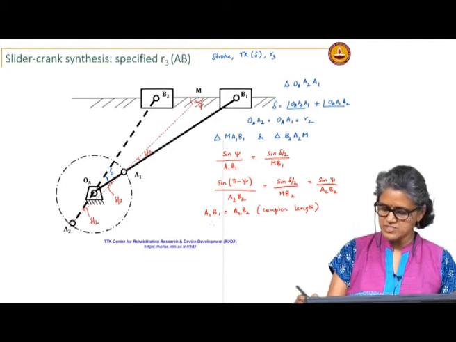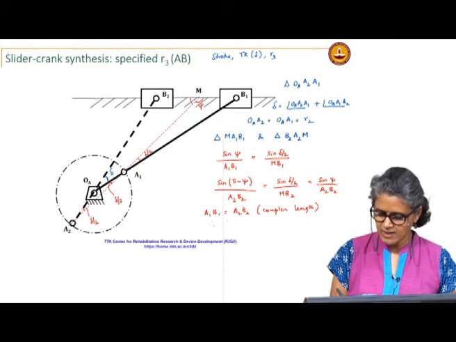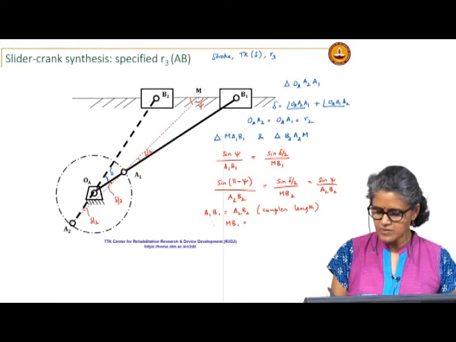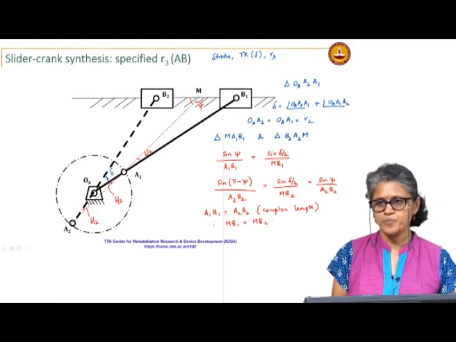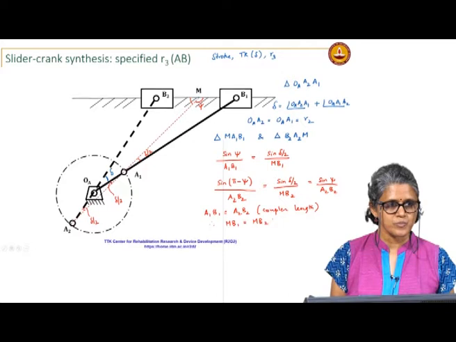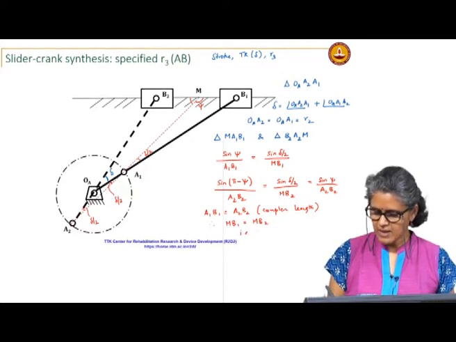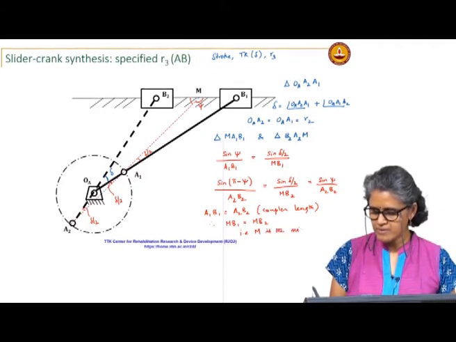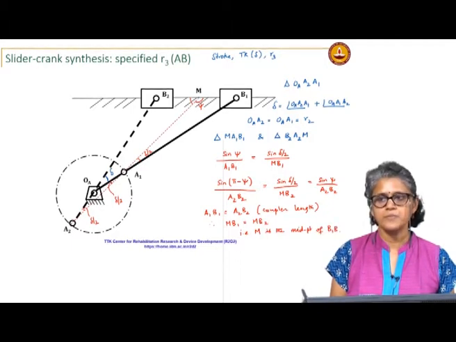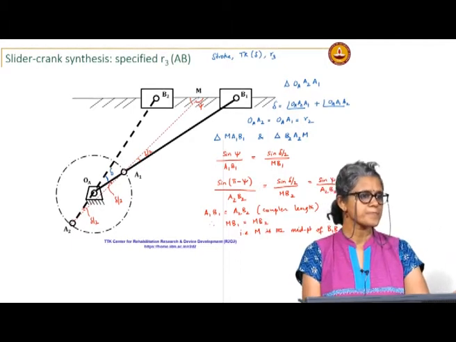Therefore, from these two I see that MB1 equal to MB2. That is M is the midpoint of B1 B2. Okay.